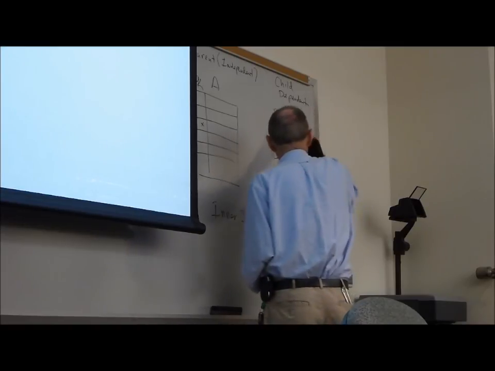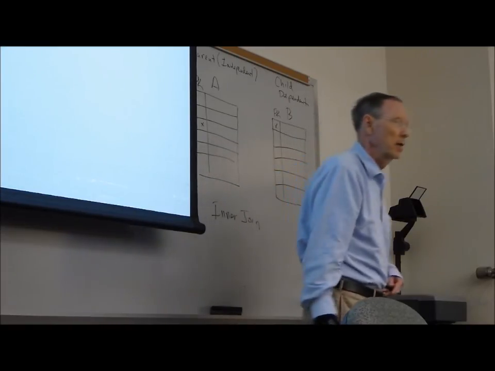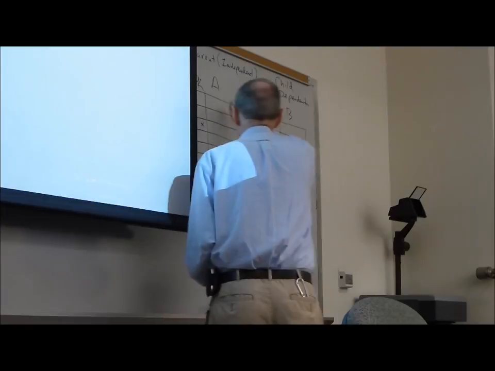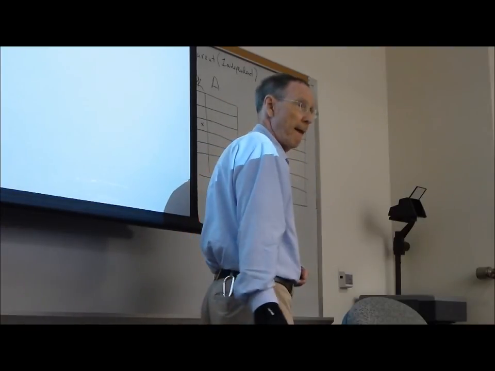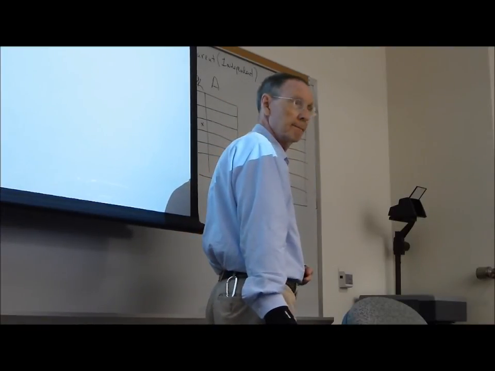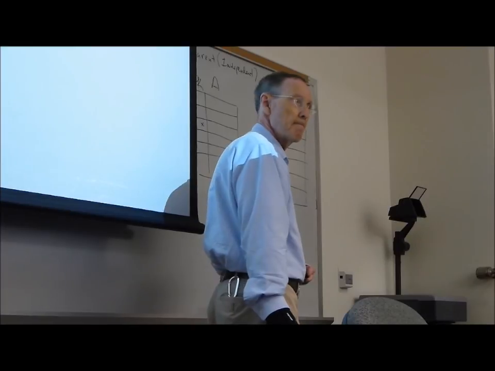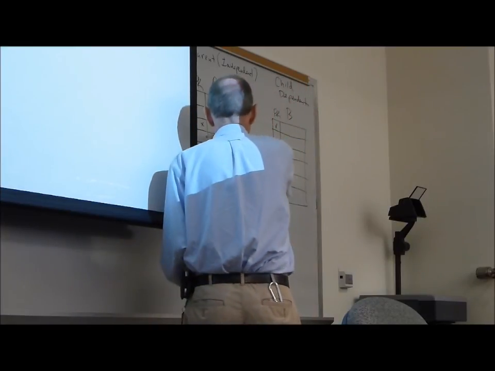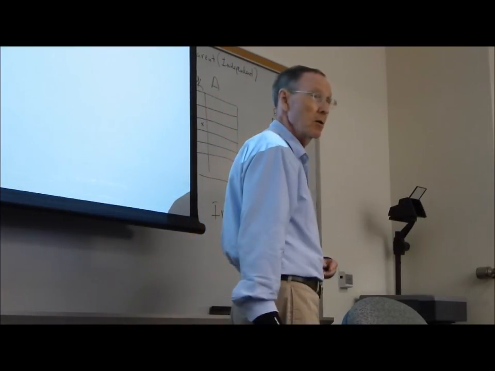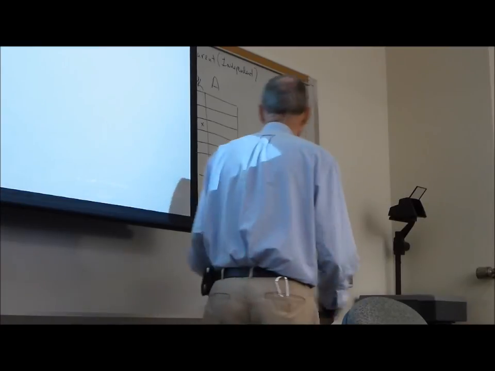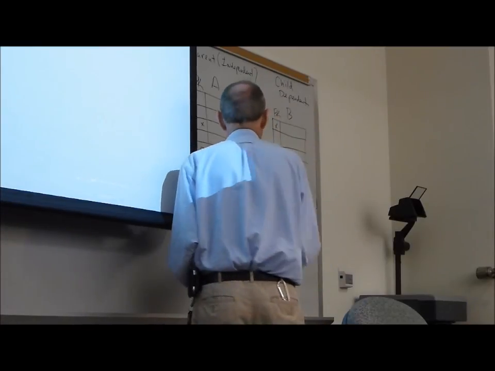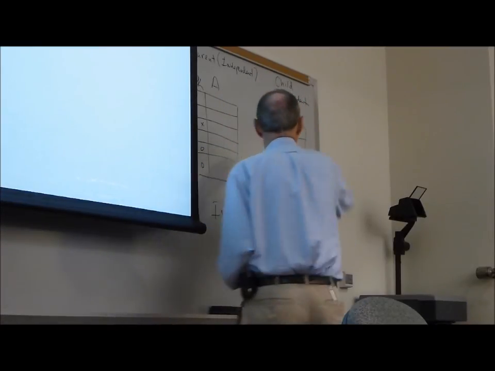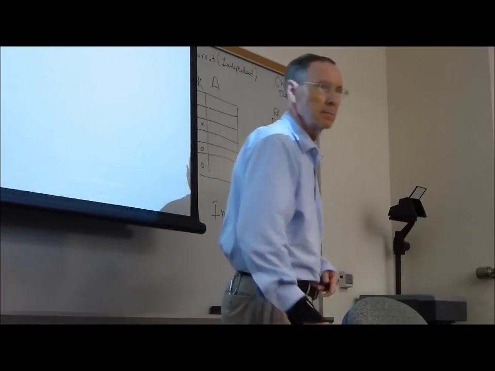In other words, no records in here can exist unless I have a record in here. But I can have records in here, say this one and this one, but I don't have any matching ones over there.